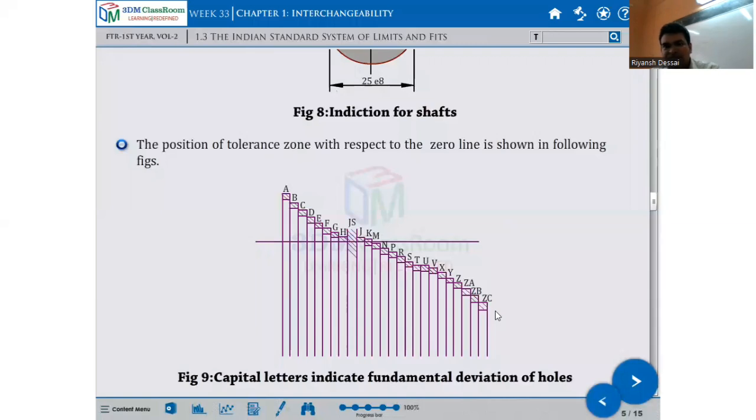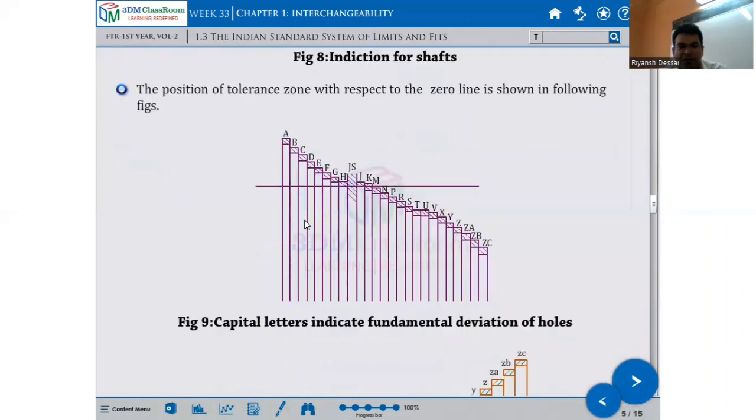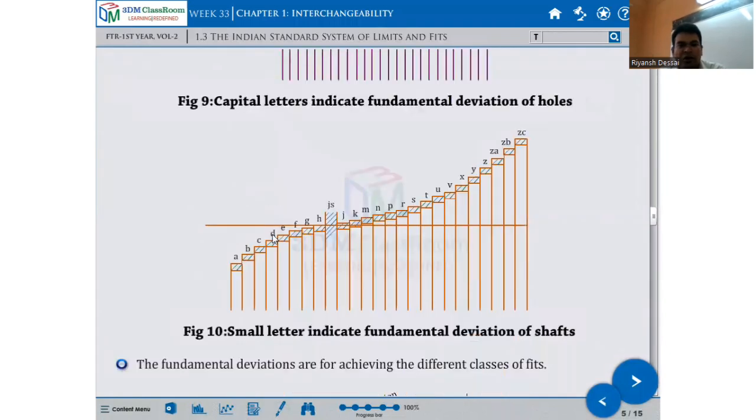The excluded ones are not there, so in total 25 letters. Now this is the zero line and accordingly the shaded blocks are the tolerances. The capital letters indicate fundamental deviation of the hole and the small letters are for the shaft.